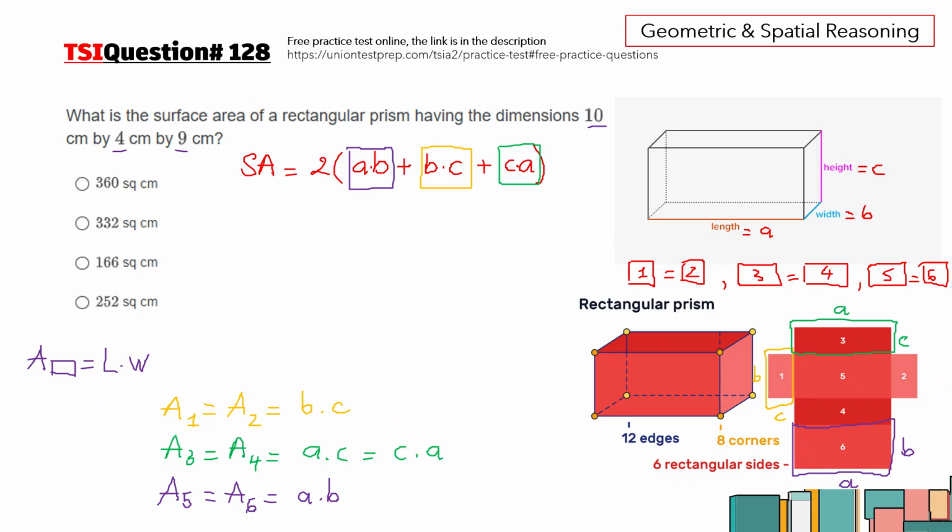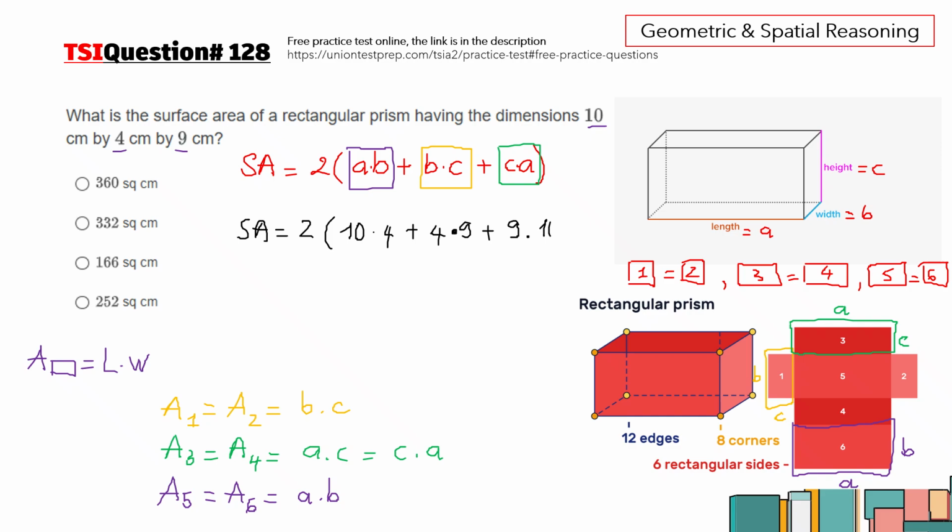Let's go back to this problem. How do we solve this one? We have SA equals 2, open parenthesis. I choose 10 first, so 10 times 4. Now I add the last one: 4 times something different from 10, which is 9. And then I continue with 9, multiplying with something different from 4, which is the 10 at the beginning.